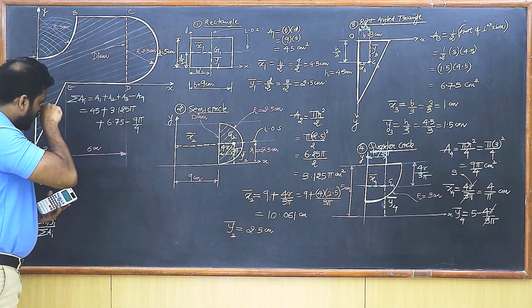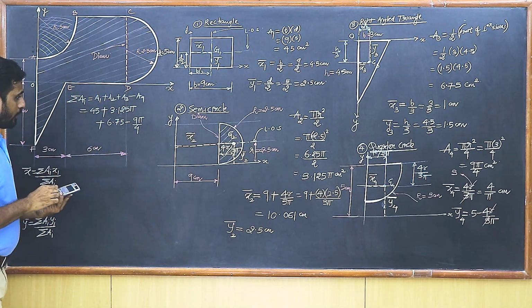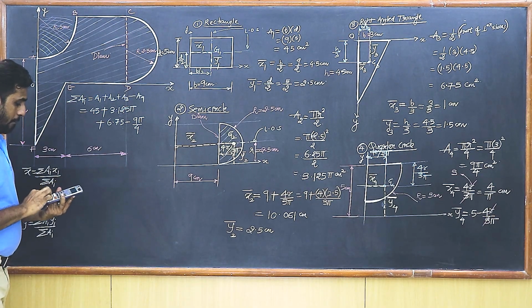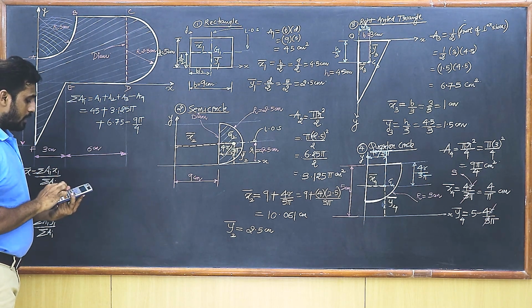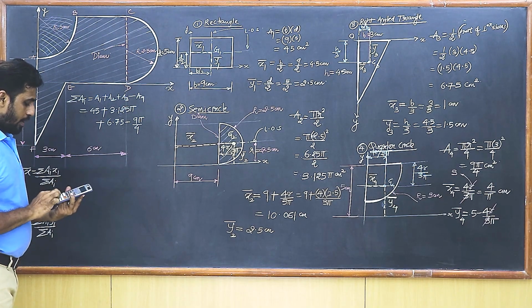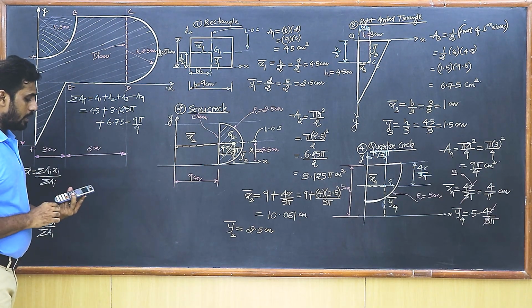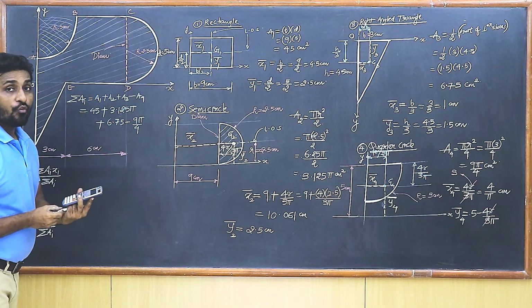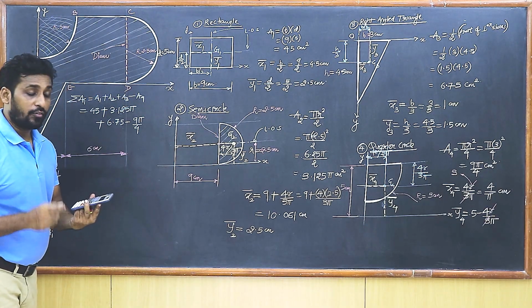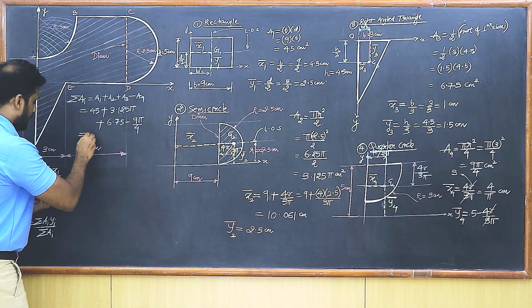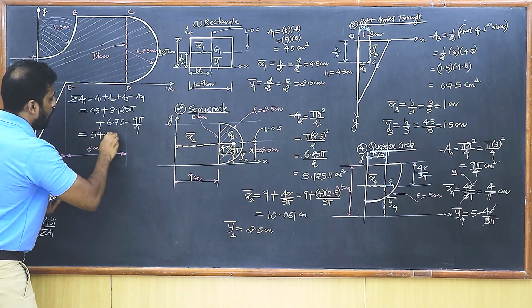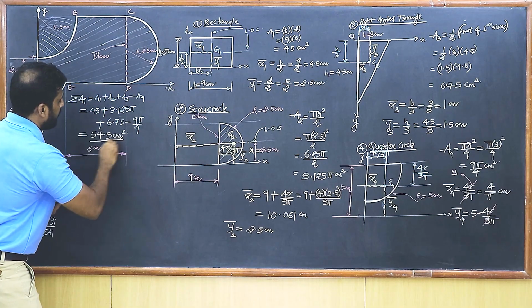Let's make use of the calculator. Let's get the summation of AI value first. It is 45 plus 3.125 pi plus 6.75 minus 9 pi upon 4. My answer here is 54.4988, which is approximately equal to 54.5 centimeter square.